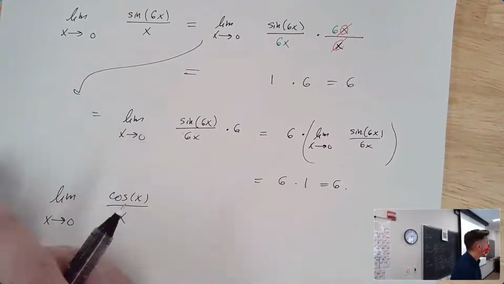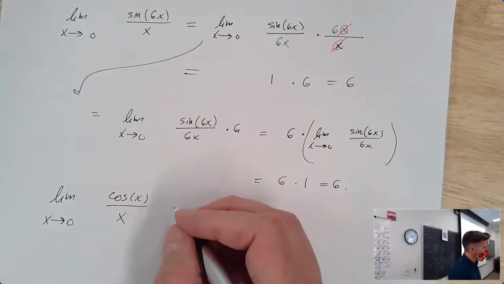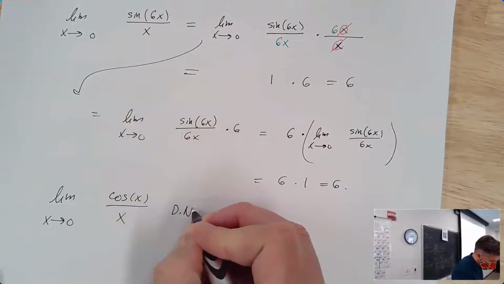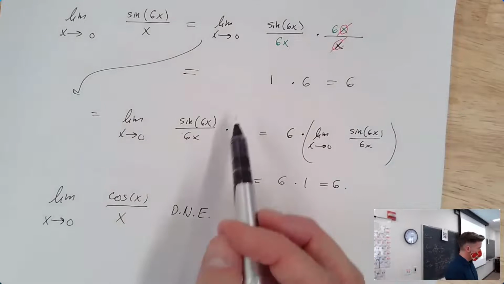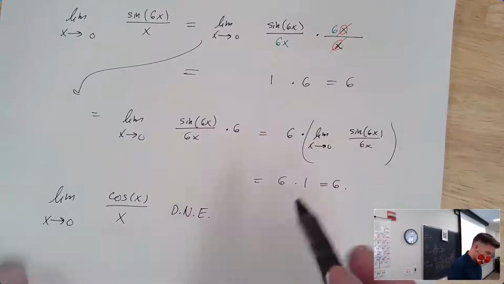Definitely not 1. In fact, this is something we're going to address today as well. I think this limit doesn't exist, because it's a two-sided limit, but I feel like we're going to come back to this. I want to explore this a bit more first, but we'll definitely get there. Don't worry.